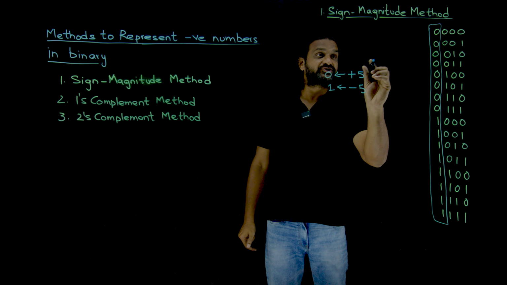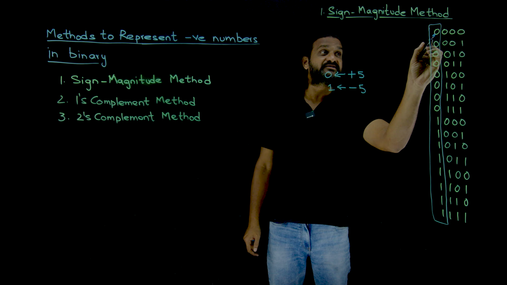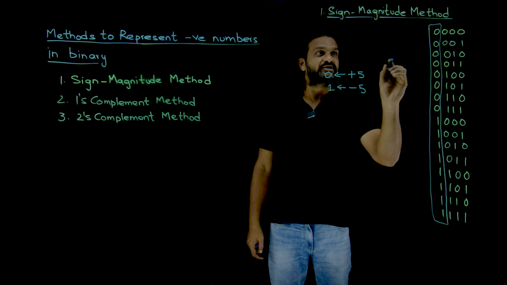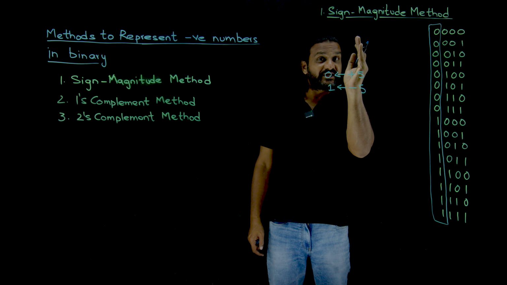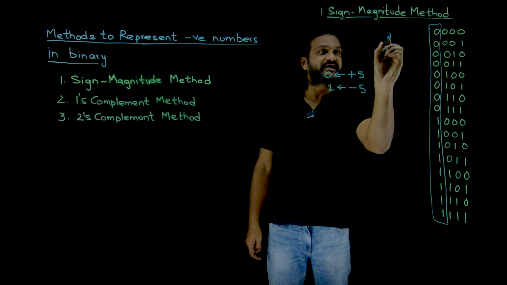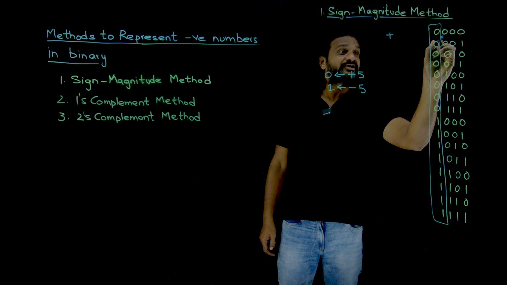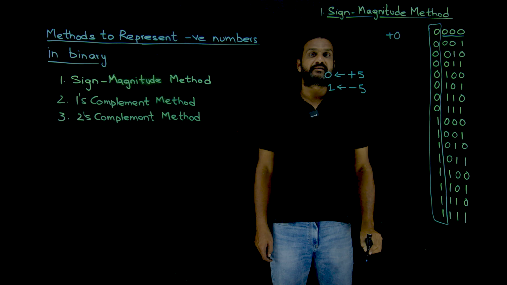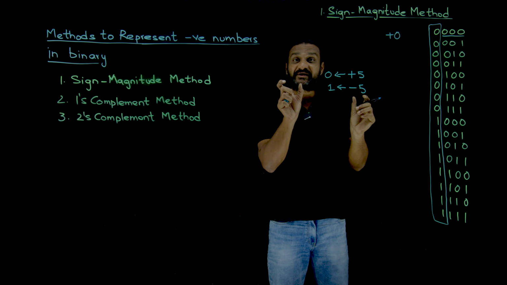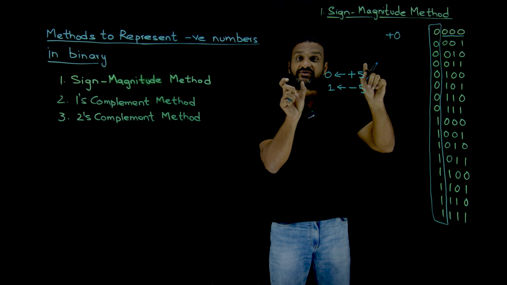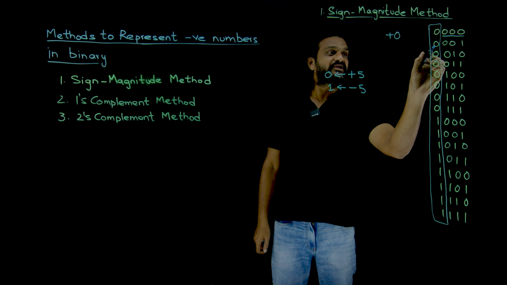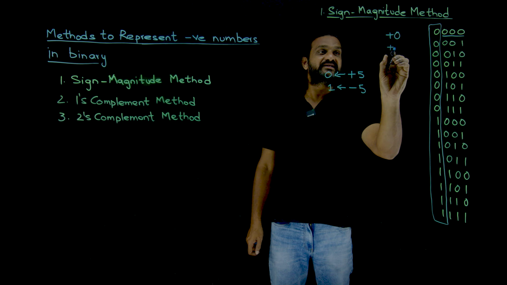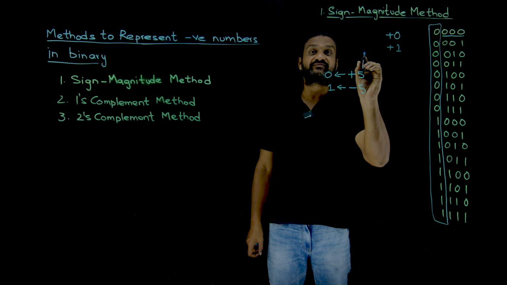The leftmost bit is used for sign. Here the first number is 0000, 4 zeros. The leftmost bit being 0, we take it as plus, and the magnitude 000 is 0. Similarly, the next number is plus 001, meaning the magnitude is 1.